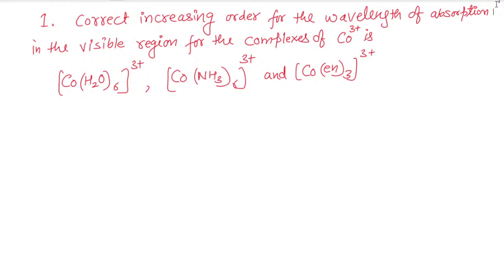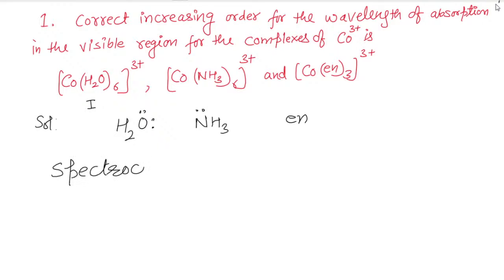So complexes of cobalt 3 plus, and we have different ligands. See, there is H2O in the first case, ammonia in the second case, and ethylene diamine in the third case. Now just see the spectrochemical series.